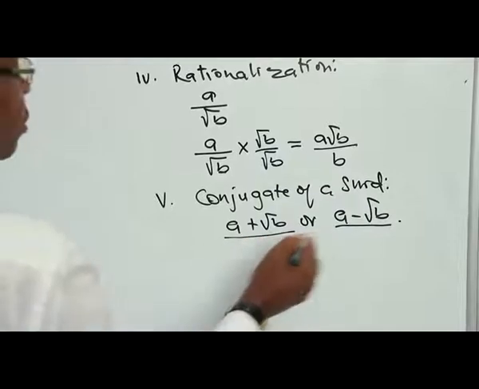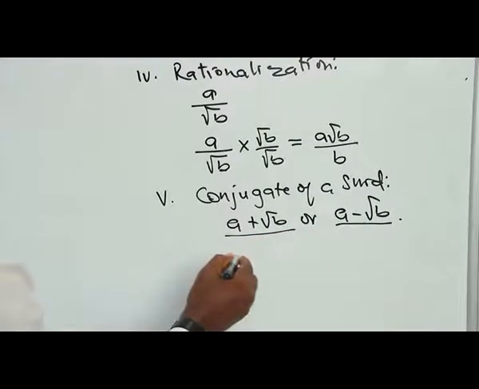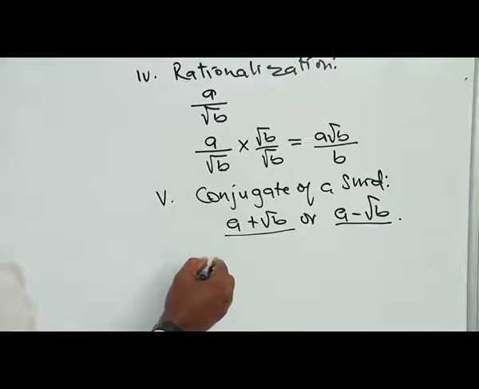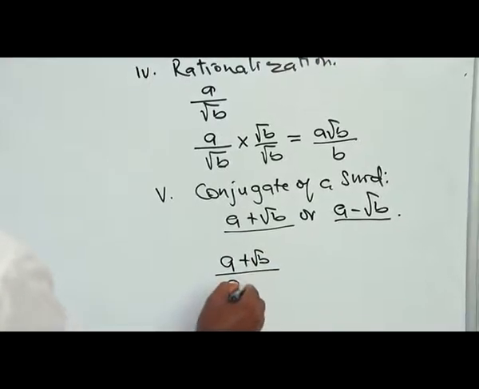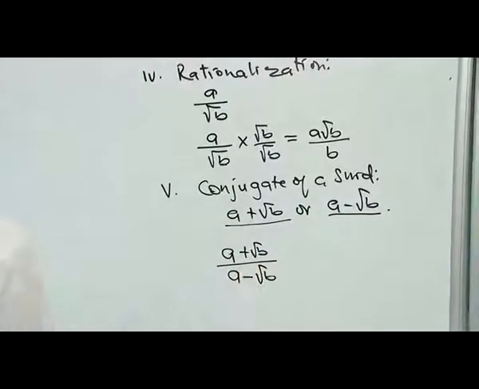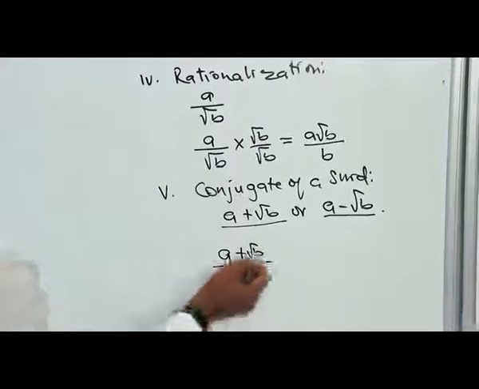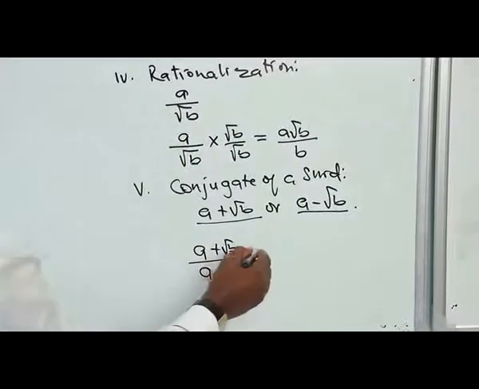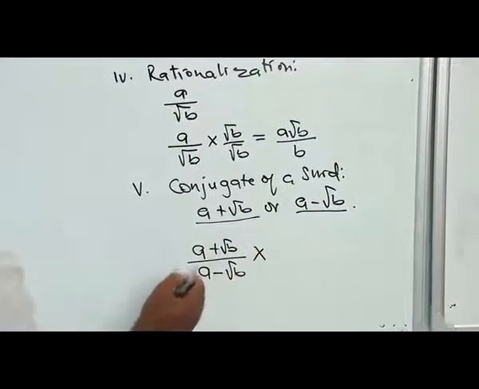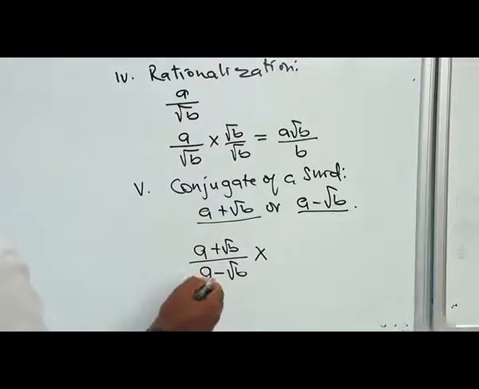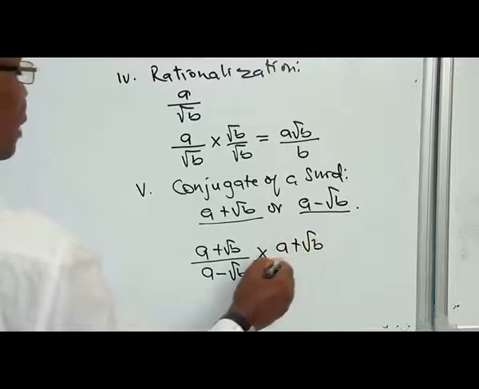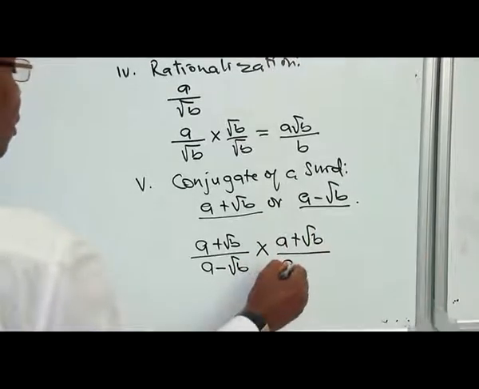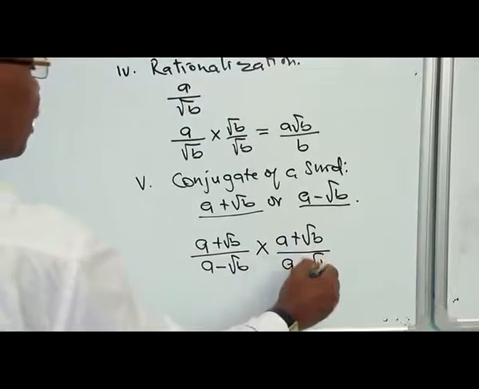We use these to rationalize surds of the following type. For example, you are given A plus root B all over A minus root B, and you have to rationalize this surd. You have to multiply. The conjugate of A minus root B is A plus root B. So you multiply the numerator by this and also multiply the denominator by the same value.